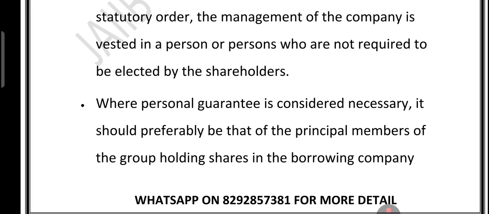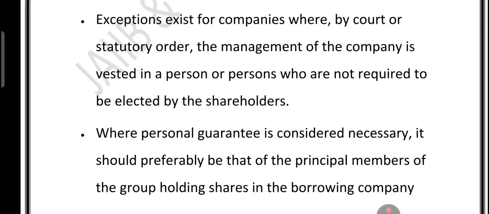Usually the bank takes a director or promoter guarantee in the case of a company, but if the court or law appointed someone in charge, not someone elected by the shareholders, the bank cannot take that director or promoter as guarantor.